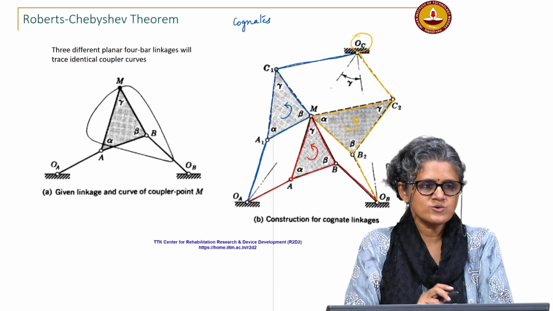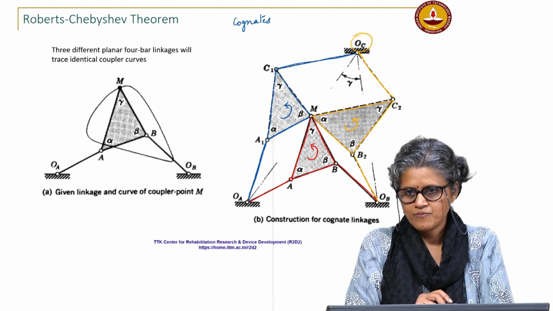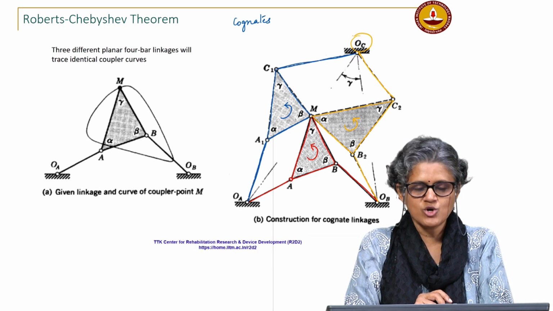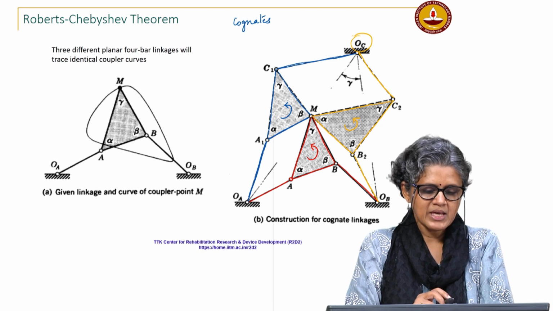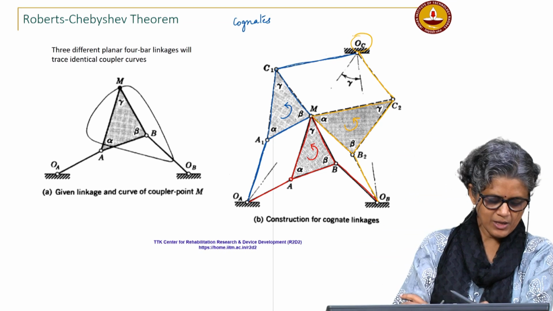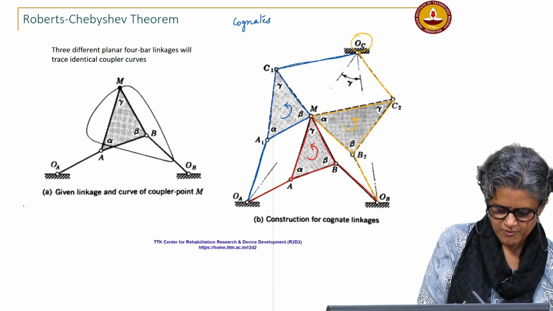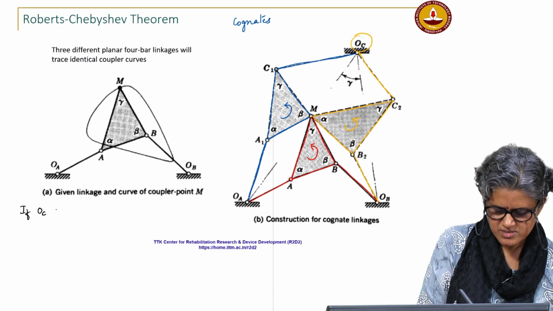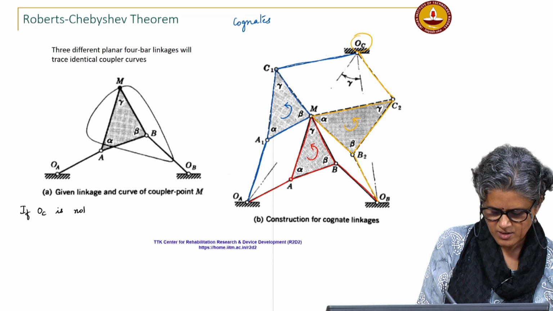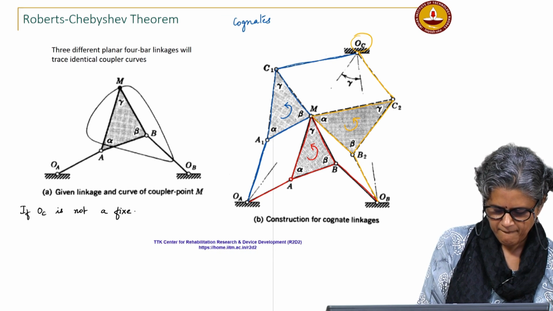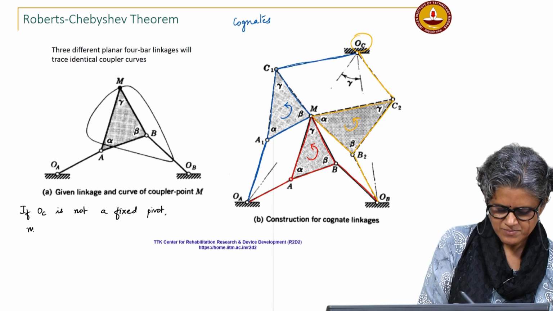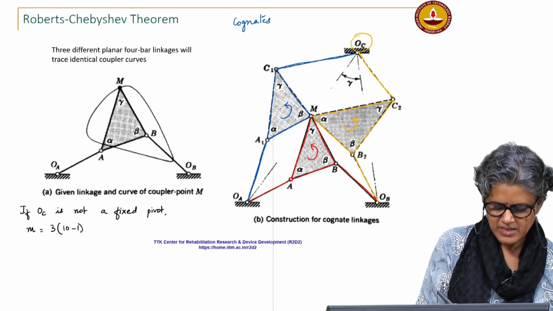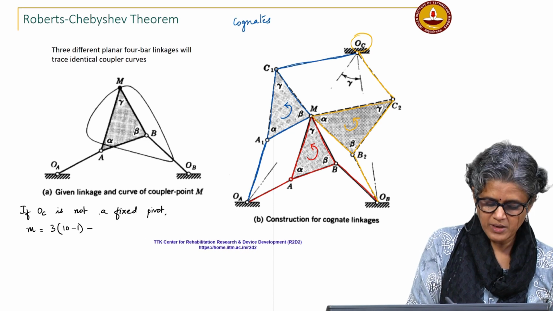Now, imagine OC is not a fixed pivot. Suppose OC is not a fixed pivot, then in my mobility equation, my mobility equation becomes 3 into 10 minus 1 minus how many joints go away?